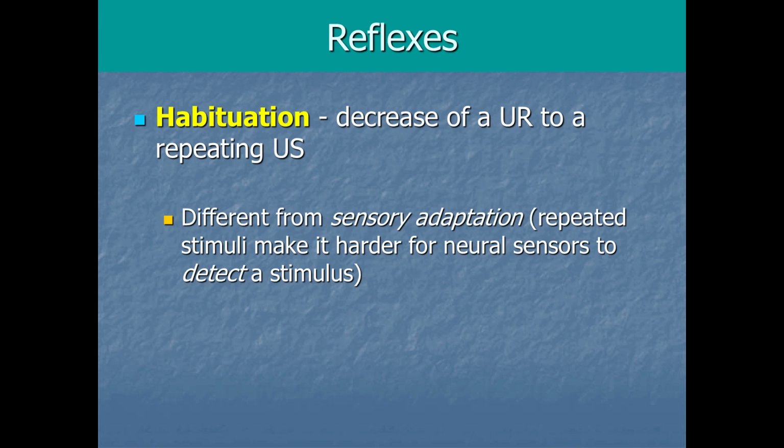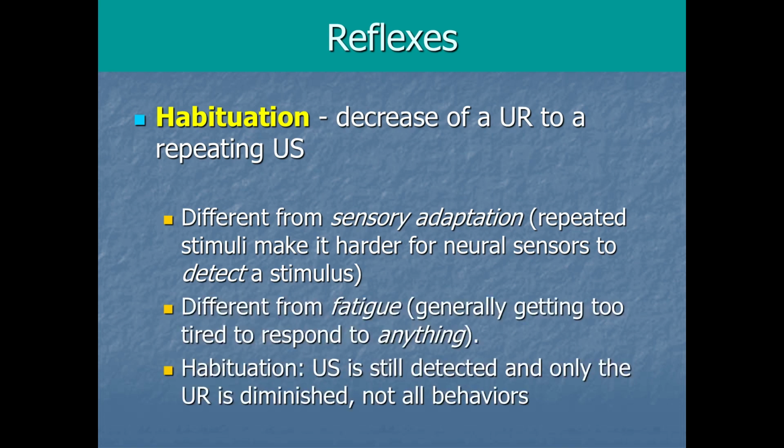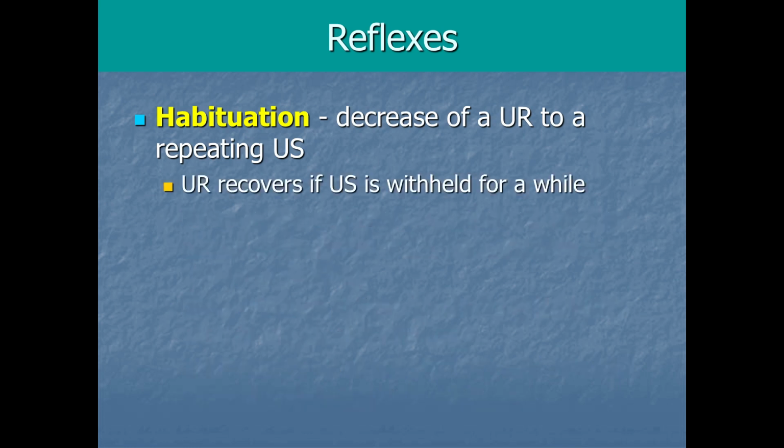This is also different from a more general fatigue, which is basically when you kind of generally get too tired to respond to anything. So fatigue isn't specific to what stimulus or response is involved. It makes all your behaviors weaker, whereas habituation is specific to only the reflex that keeps getting activated. With habituation, the unconditioned stimulus is still detected, and only the unconditioned response is diminished, not all behaviors. So it's different from these other things.